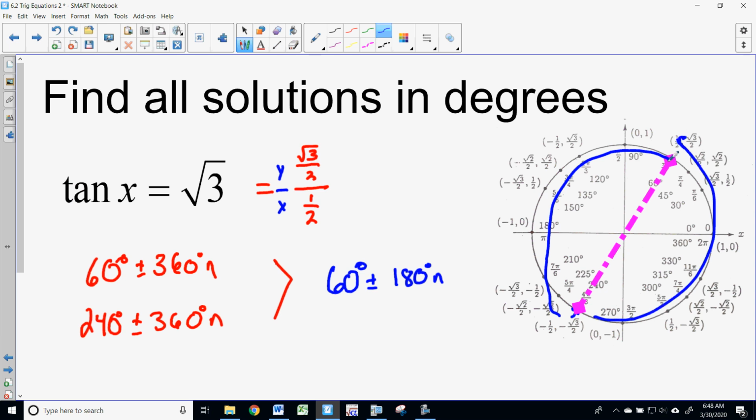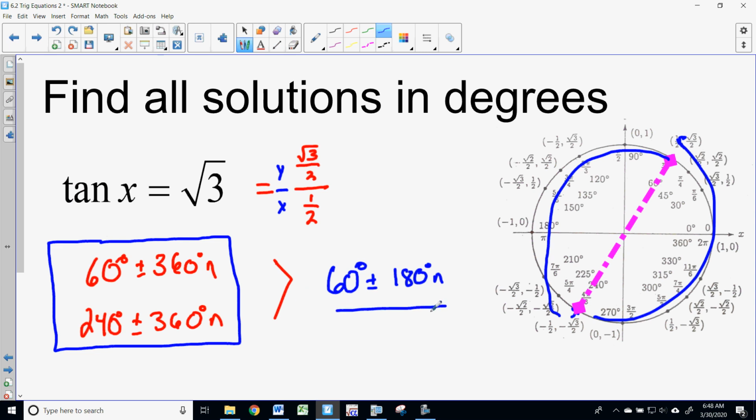Halfway around gets me to the other answer. Easiest way to do that is just to still do it just like we did with sine. But tangent's a little special because of the way it works out, and we get that answer right there. Either one is fine.